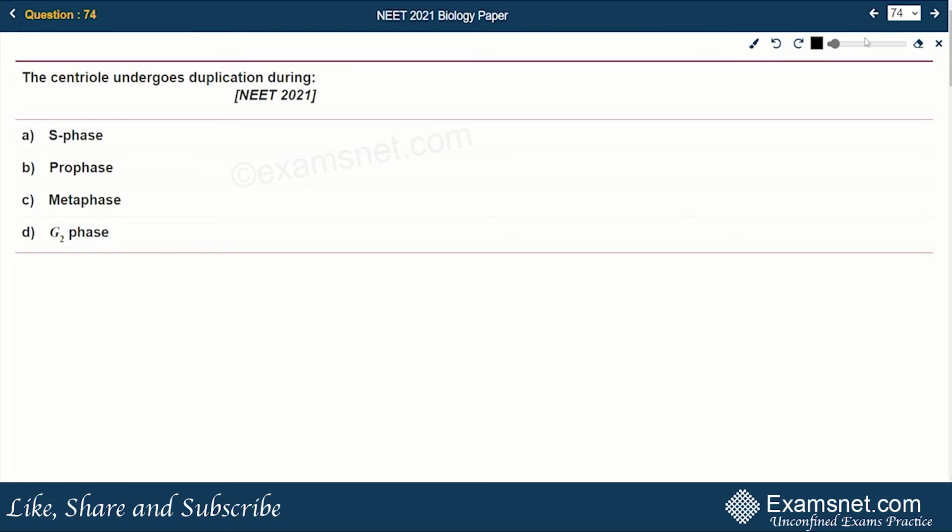Now question number 74 is from the chapter Cell Cycle and Cell Division, class 11, and the question is, the centriole undergoes duplication during S phase, prophase, metaphase and G2 phase, and the correct option is option A, that is S phase. Okay, so we know that cell cycle is composed of two main phases, the interphase and the mitosis, right?